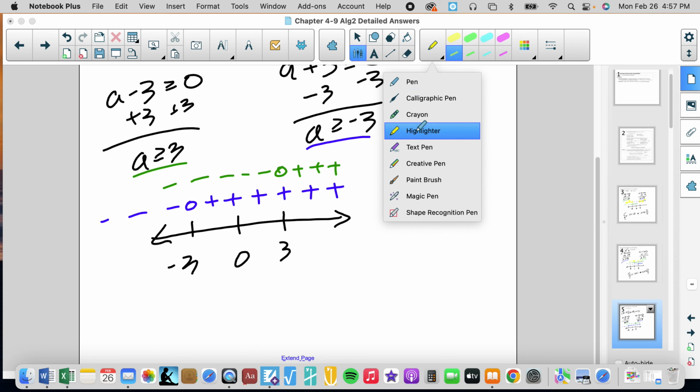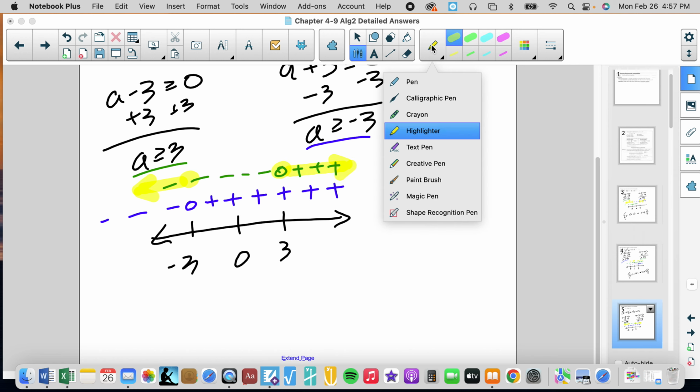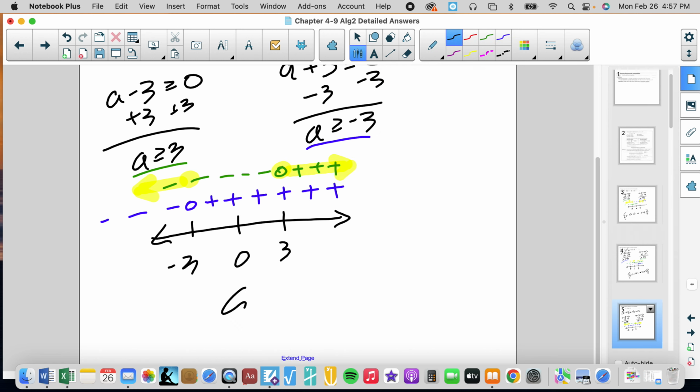So mine is going to be closed circle going there. Closed circle going there. I'm pretty sure that's correct. Let's see, is the solution x is less than or equal to negative 3 or x is greater than or equal to 3?